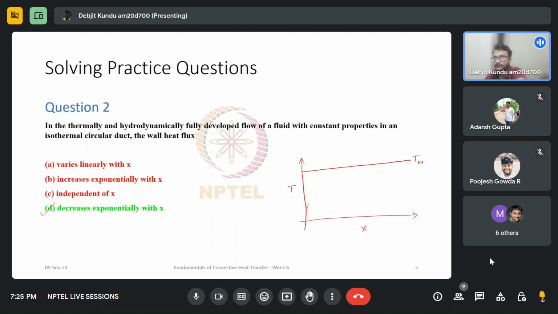Initially, the temperature difference is high, so the wall heat flux will also be high, and it will rapidly try to approach the wall temperature. Now, as the temperature difference becomes smaller, the heat flux will also become smaller, and the rate of decrease of the temperature difference will also slow down.